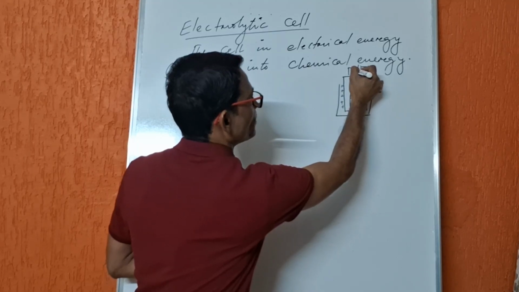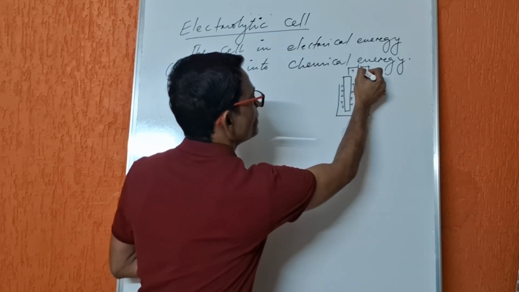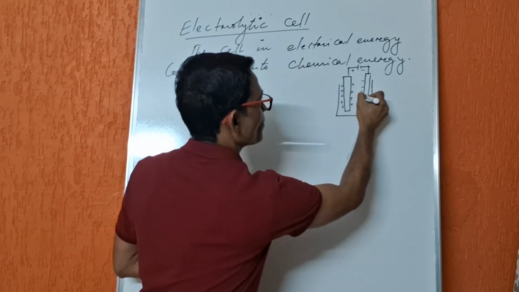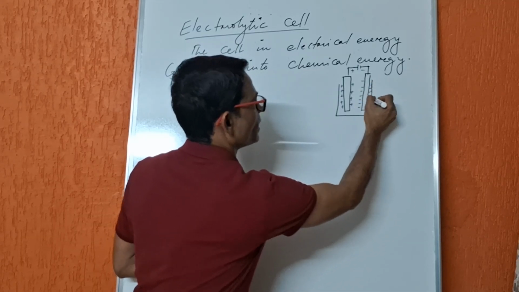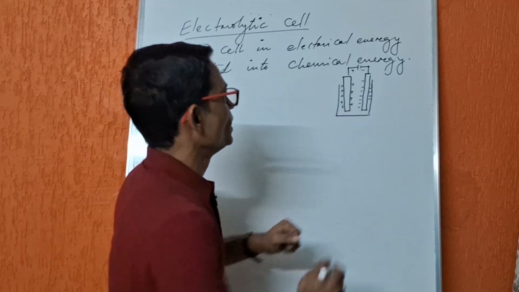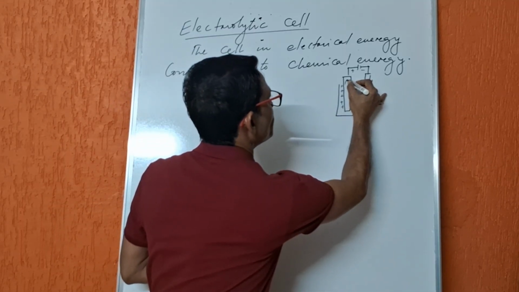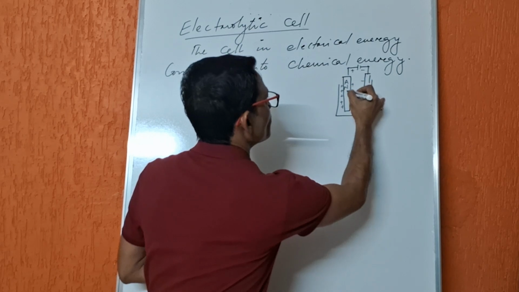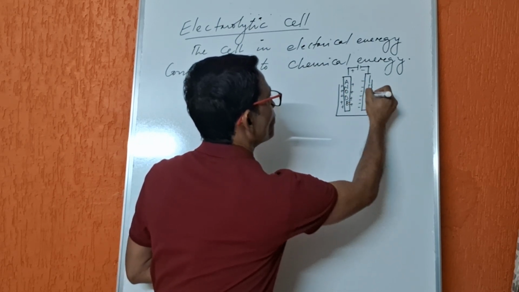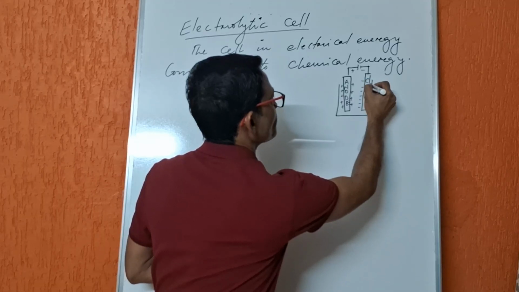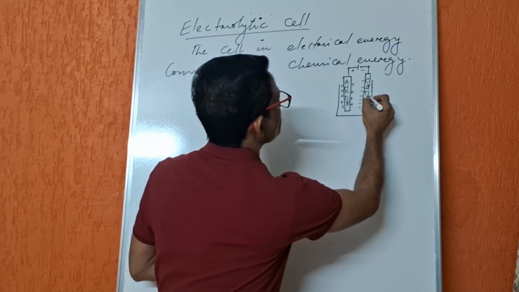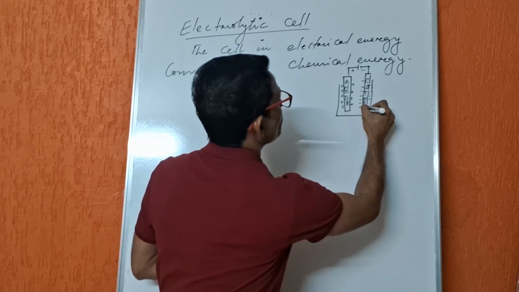Here it is the positive end and here it is the negative end. But whereas for the galvanic cell the anode is negative, but for the electrolytic cell anode is positive.